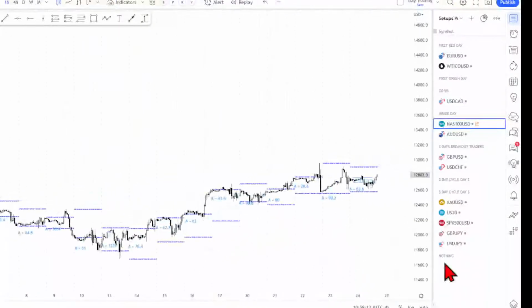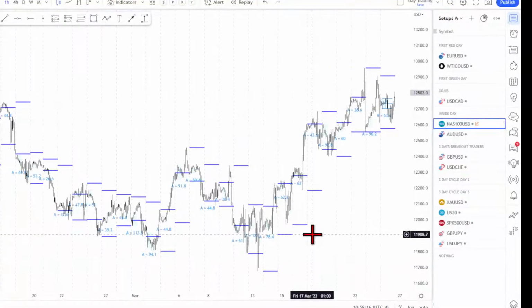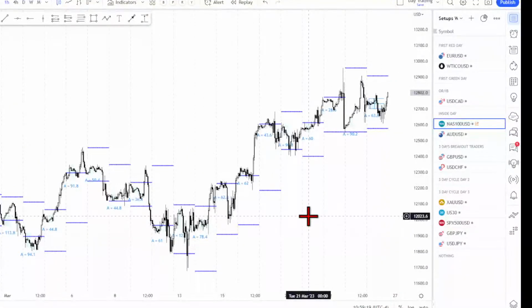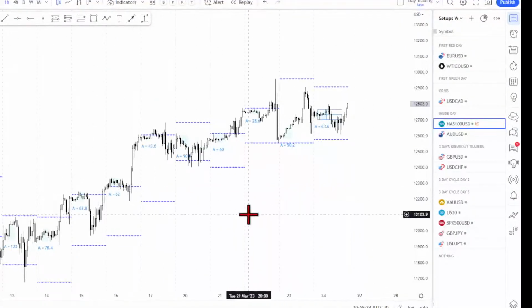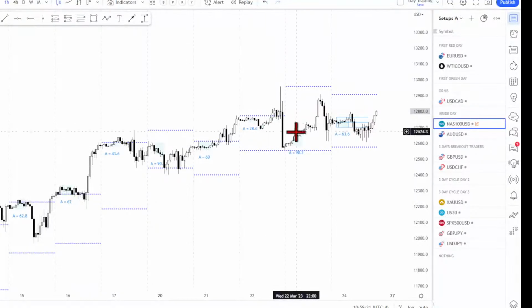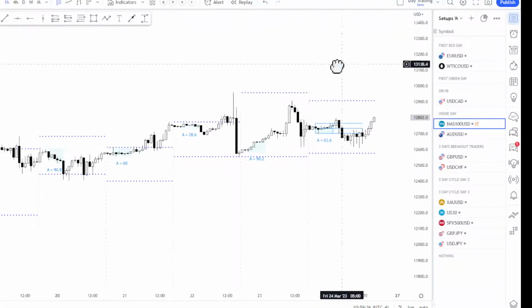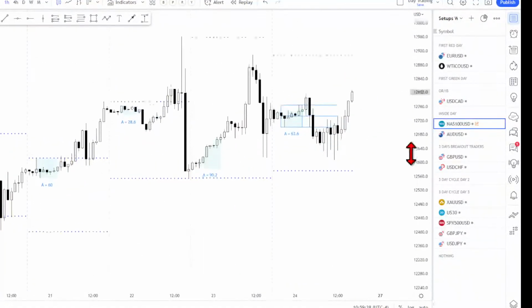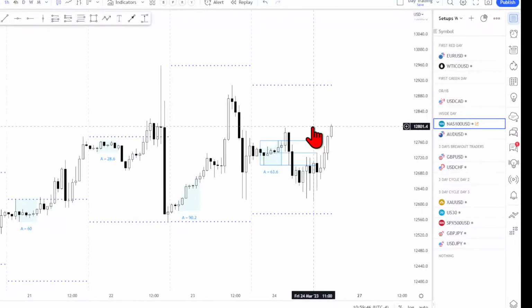But what I can tell you is that the market's currently going up. We've just had a double inside day, and the 3-day cycle, 1, 2, 3. This day should have been a day 1, and it is. And then day 2 should have followed through. It didn't. Day 2 turned into an inside day, which means that this would have been day 3, but day 3 is an inside day as well.